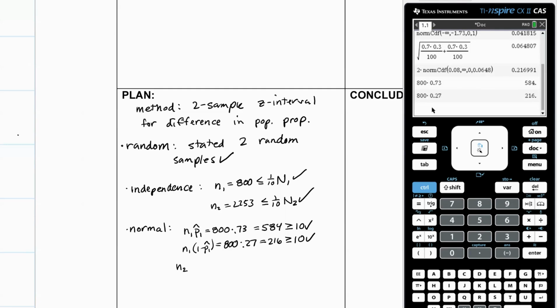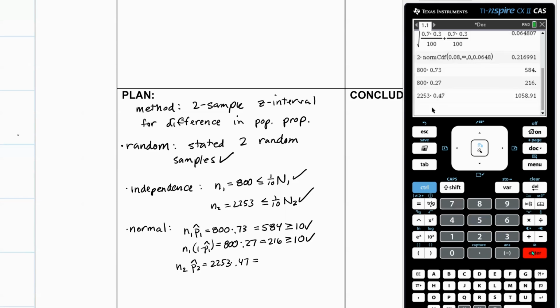Check it out for the adults. N2 times P hat 2, 2,253 times 47%. So when we do this calculation, we don't get a whole number. But what we'll do is we'll round to the nearest whole number. And that'll be handy for later on when we use the built-in program for calculating these inference procedures.